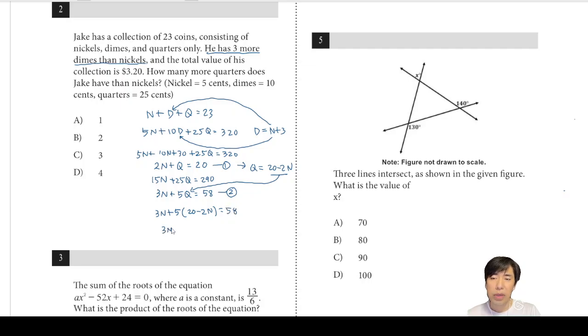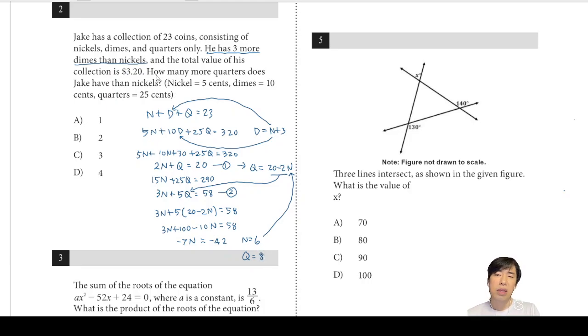So 3N plus 100 minus 10N is 58. So negative 7N is equal to negative 42. So N is negative 42 divided by negative 7, that's 6. Plug this back into N to find Q. Q is then 20 minus 12, so that's 8.